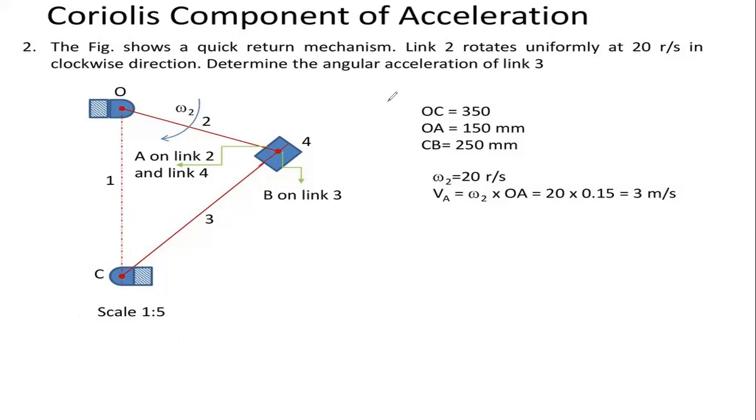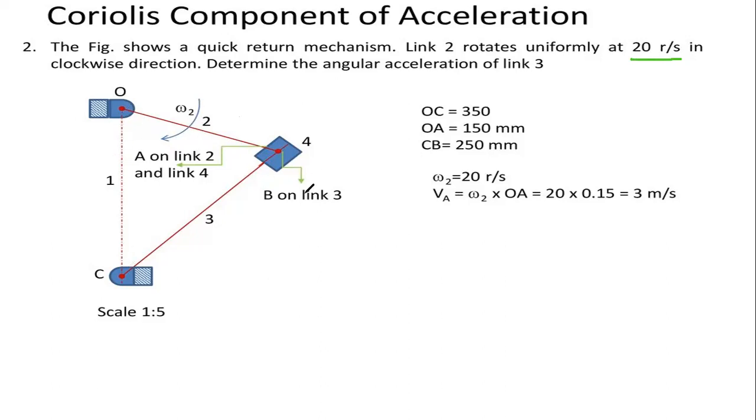In this question, it shows a quick return mechanism, and link 2 rotates uniformly at 20 radians per second. This is link 2, which rotates in the clockwise direction. It has an angular velocity omega 2 of 20 radians per second, clockwise.